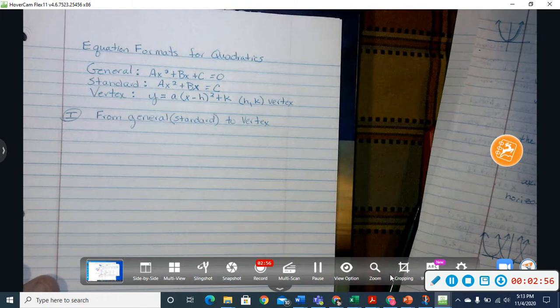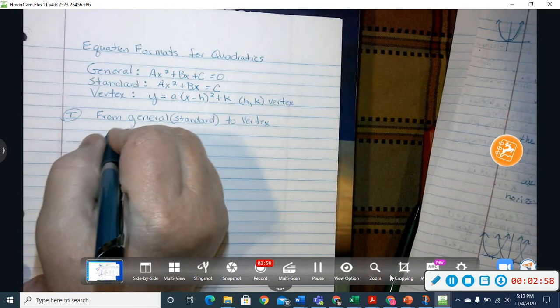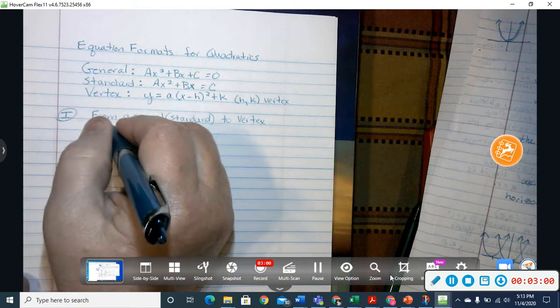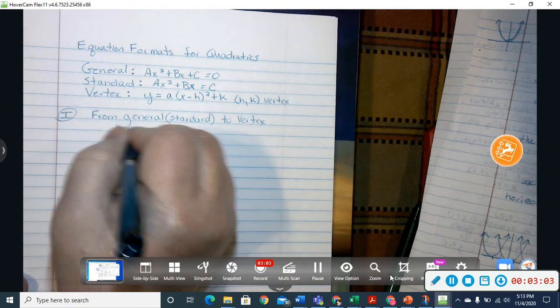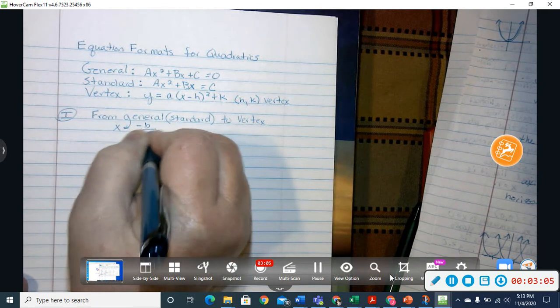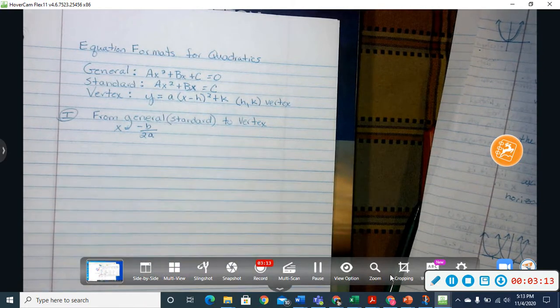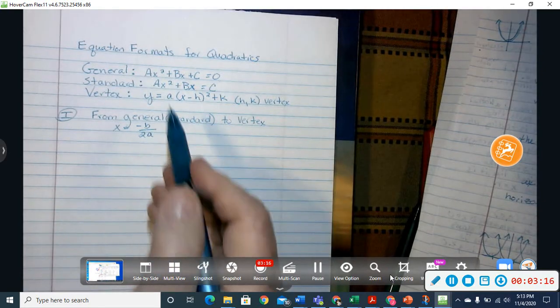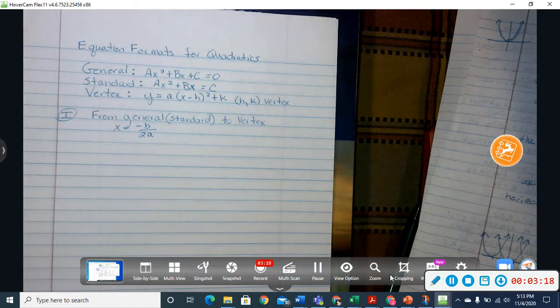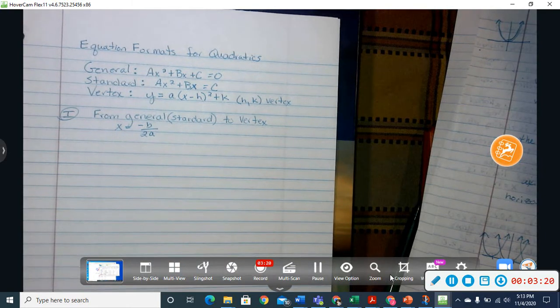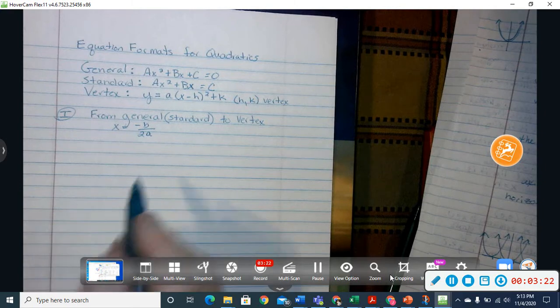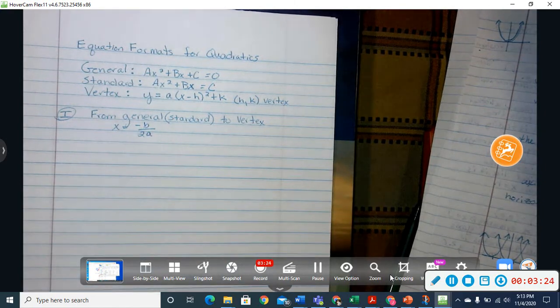In order to do this, we're going to use a value called x equals negative b over 2a. The b represents the b value in the equation, and the a represents the a value in the equation. That's where we're getting our numbers from.